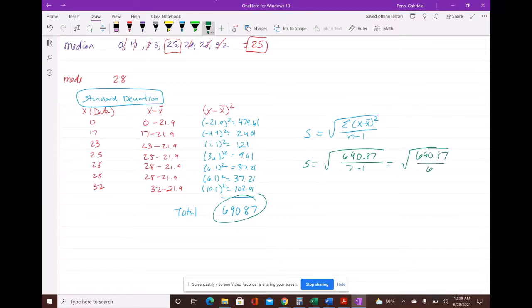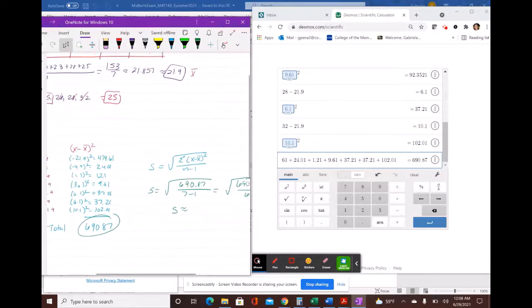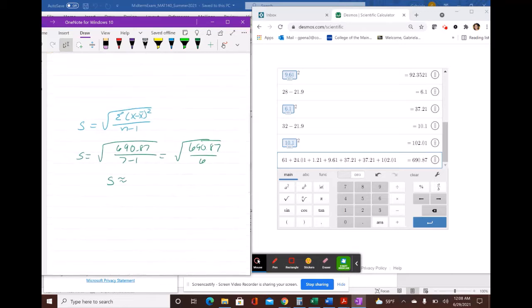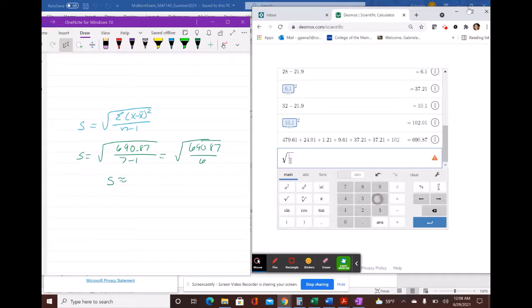And then we put this into the calculator to get the estimation of standard deviation. So I have the square root of a fraction of 690.87 divided by 6. So my standard deviation is 10.73. That would be your standard deviation.